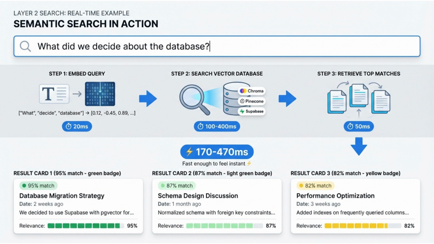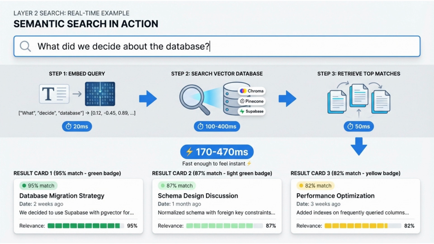Layer 2 search is fast. You ask, what did we decide about the database? The query embeds, searches the vector space, finds the 3 most relevant conversations, all in 100 to 500 milliseconds. Not as instant as Layer 1, but fast enough to feel real-time.